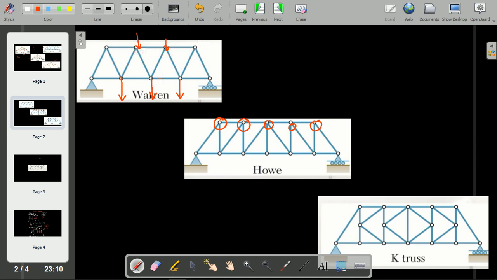We cannot provide the force on a member. Clear? If it is a member or a joint, we need to apply the load on the joint only. We cannot apply the load on the member, at the center of the member. Where there are joints, we can apply the load. We cannot apply it at the span of the member. So that is the important assumption: all the forces act only on the joints.